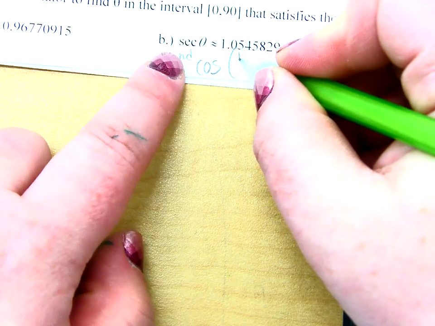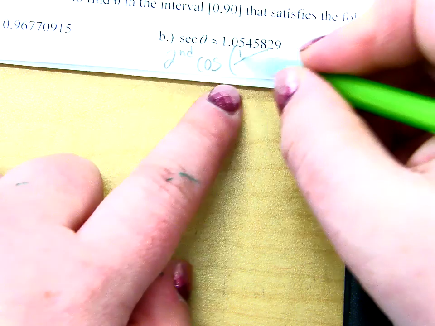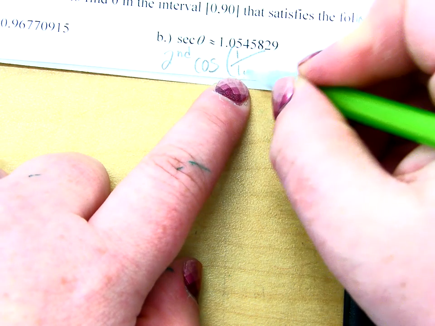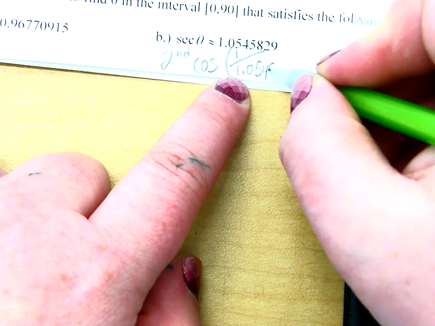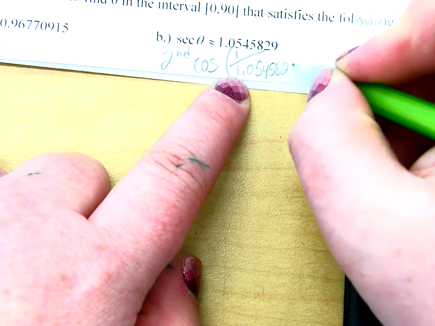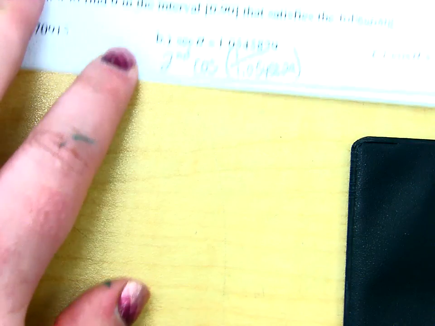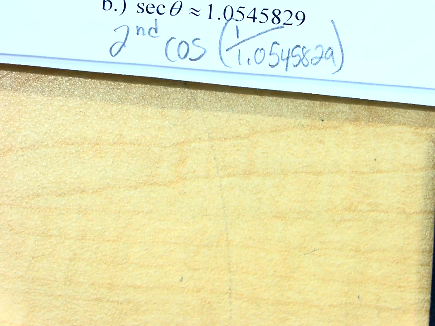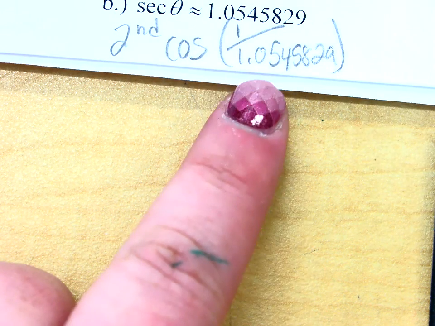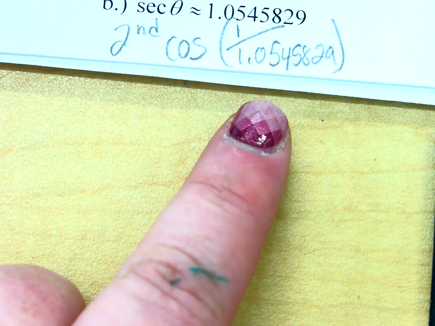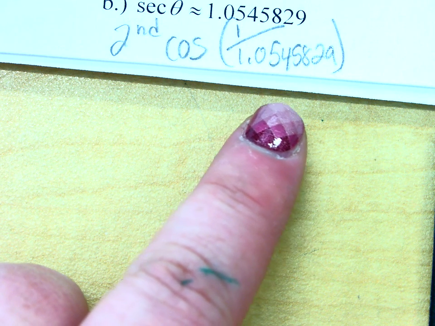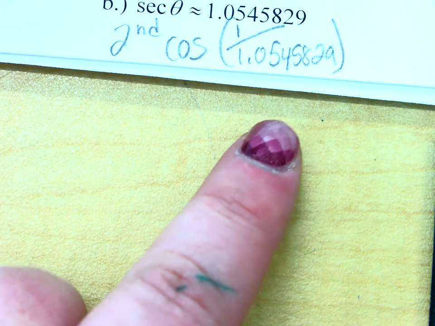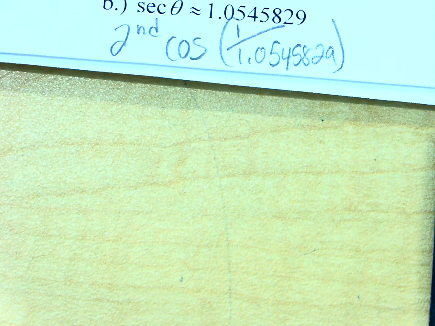Because I need secant, so I need the reciprocal. 4, 5, 8, 2, 9. Okay, so if I'm going to type this in my calculator, there's my keystroke. We'll hit second cosine and then 1 divided by that whole crazy decimal, 1.0545829. Close your parenthesis and hit enter.